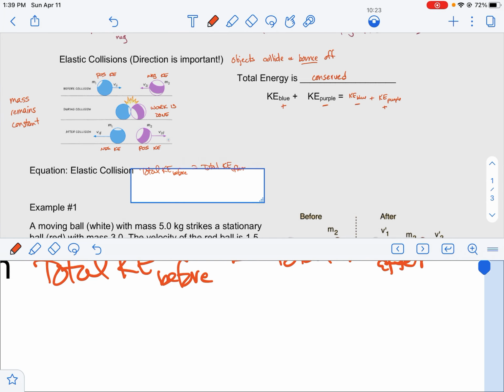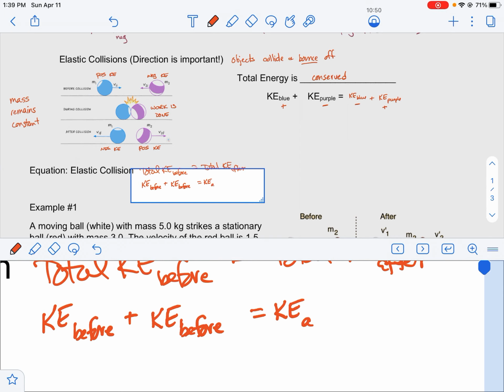So we could rewrite this, and we could say the kinetic energy before of the first object, whatever it is, a ball, a box, whatever, plus the kinetic energy of the other object, sorry, that should say before. Let me try again. So I've got two objects before this collision, and their kinetic energy before is going to be equal to the kinetic energy after the collision.